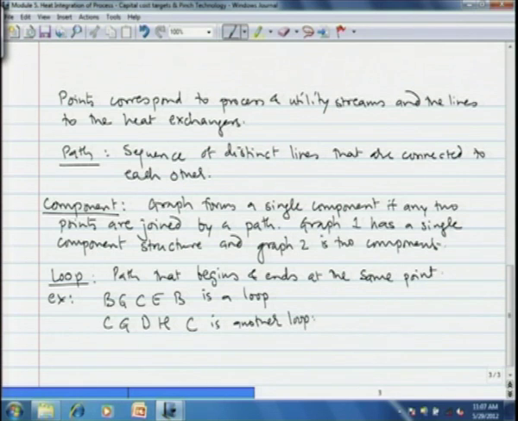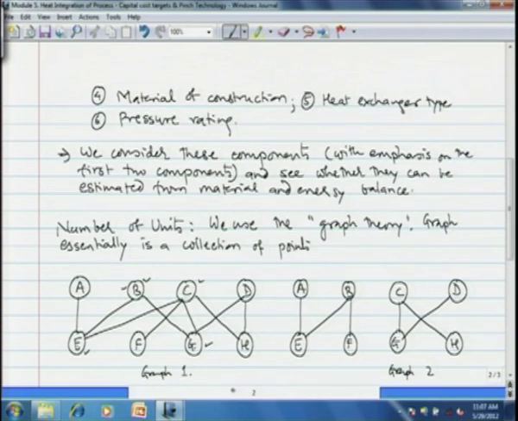And then if you compare these 2 loops, you will find that there is a common link, the CG link. If you remove that link, then B, G, D, H, C, E, B is a complete loop.